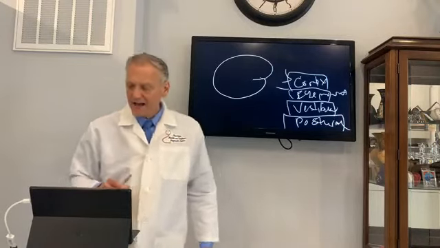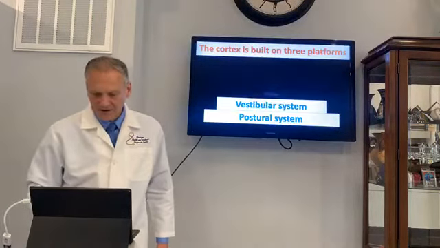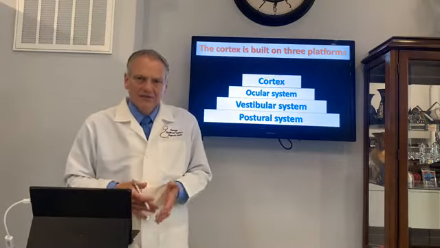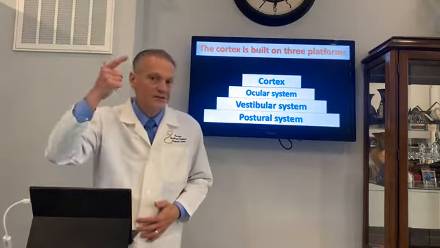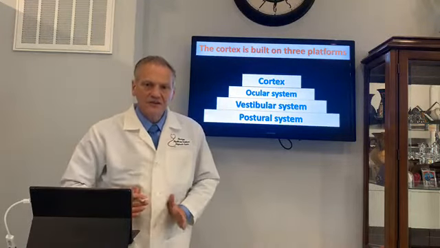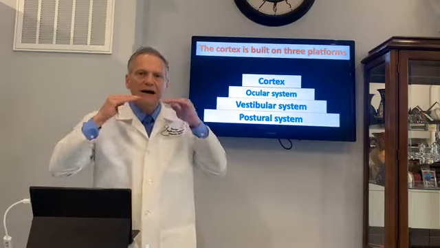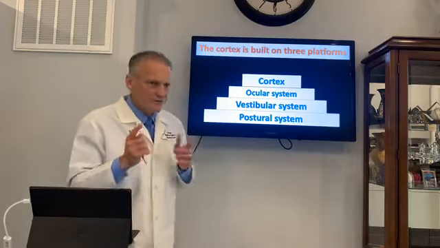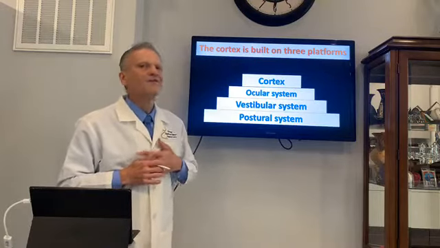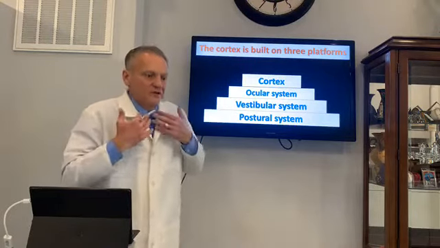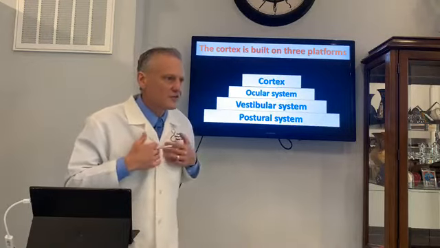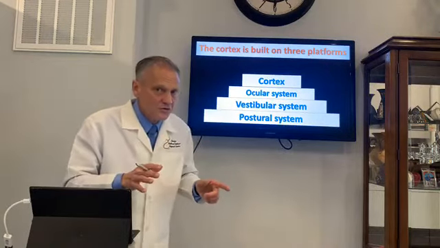Now, let me back up and say it this way. Let me go here. So the very first system that actually develops in developing the brain is the postural system. But the postural system is developing the balance system. Think about it. The first thing a baby does is they look up and they start developing that cervical curve. Well, as they're doing that, they're building postural muscles. When they're building those postural muscles, they're beginning to move.